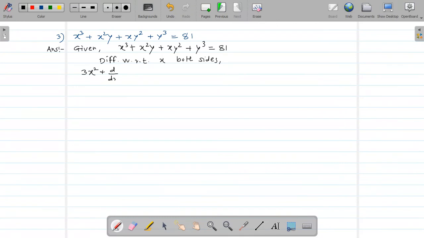So here first of all I will write d by dx of x square y plus, then here also it is x into y square, so I will write d by dx of x into y square, like this, plus, now there is y cube, and we know that the derivative of y cube is 3y square into dy by dx by chain rule, and it is equal to, on the right hand side there is a constant term 81, so the derivative of 81 is 0.